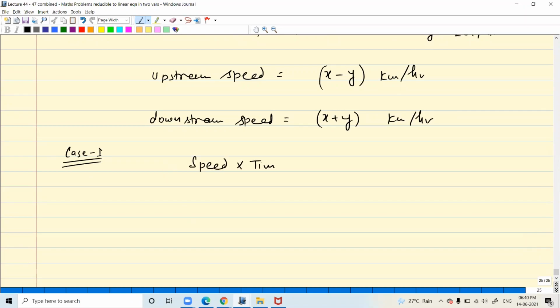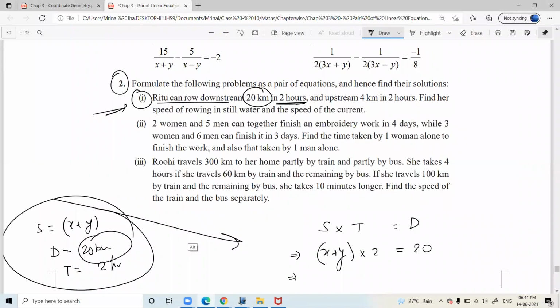Speed into time is equal to distance. So speed, I will take x plus y, that is the downstream. We are considering the downstream journey. Into time 2 hours is equal to distance, which is how much? 20 kilometers.